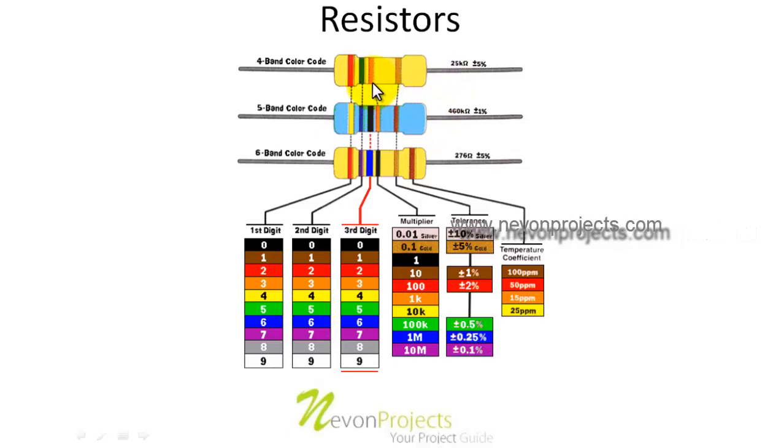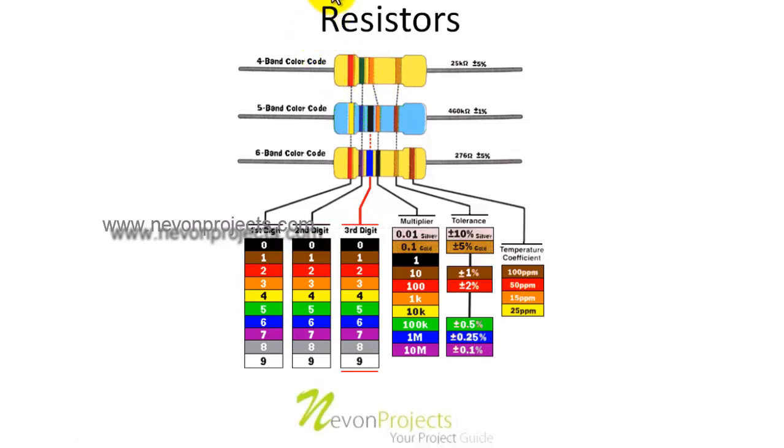The third one is orange, and orange is 3, so it is 10 raised to 3. The last band is the power of 10, so we have 25 into 10 raised to 3, that is 25 kilo ohm. So this resistor is 25 kilo ohm, and the tolerance band is in gold color.